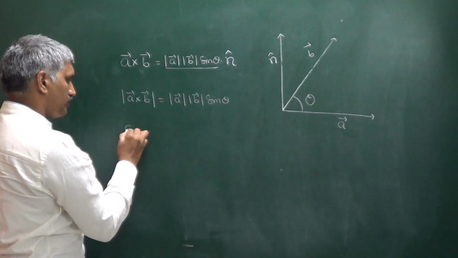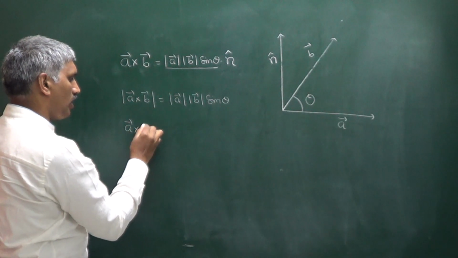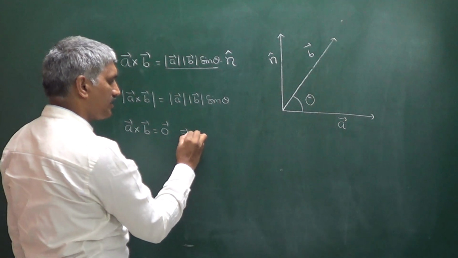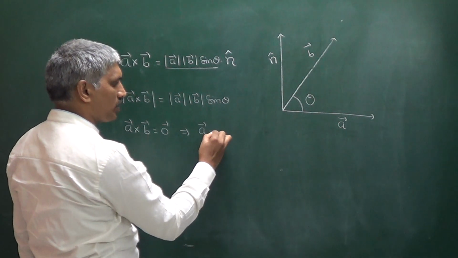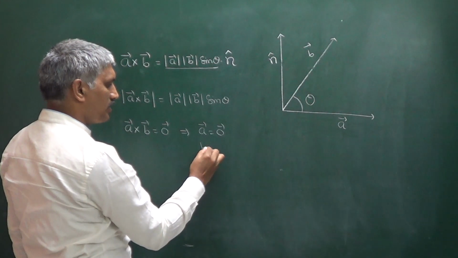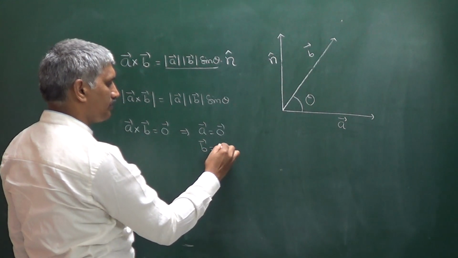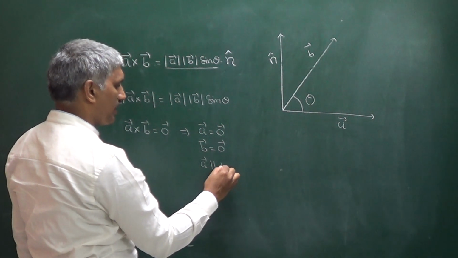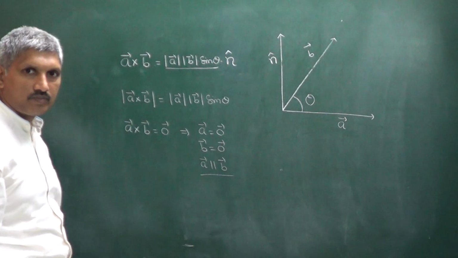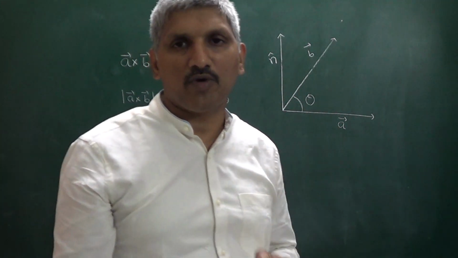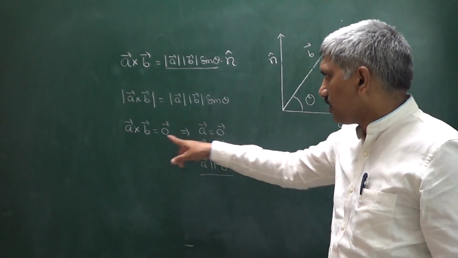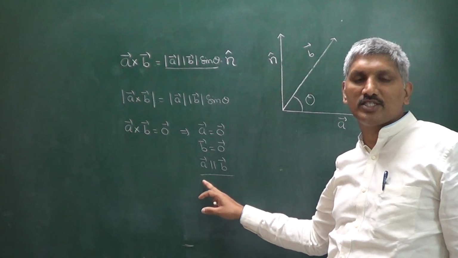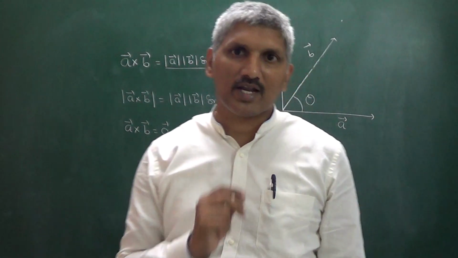Now suppose A bar cross B bar is equal to 0 bar, then either A bar is a zero vector, or B bar is a zero vector, or A bar is parallel to B bar. So the cross product is equal to 0 bar means either A bar is a zero vector or B bar is a zero vector, or those two vectors are parallel vectors.